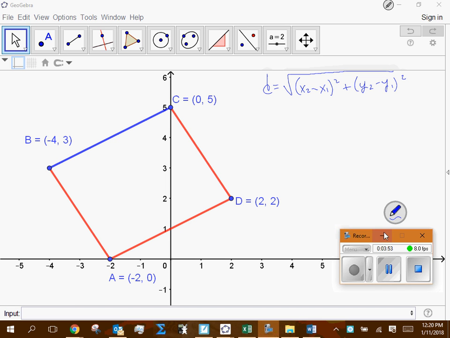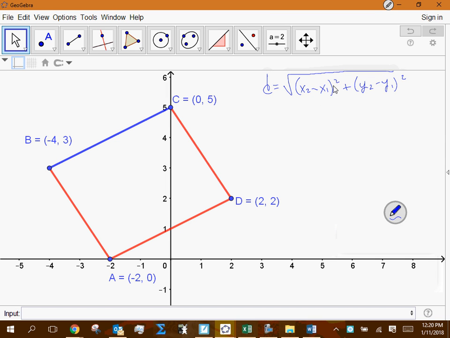Then you take a square root of that. Okay? So when I'm doing this problem, I'm trying to find the length of C to B. It's a good idea to label things. Don't just use this formula 4 times and not label anything. You're going to make mistakes doing that.